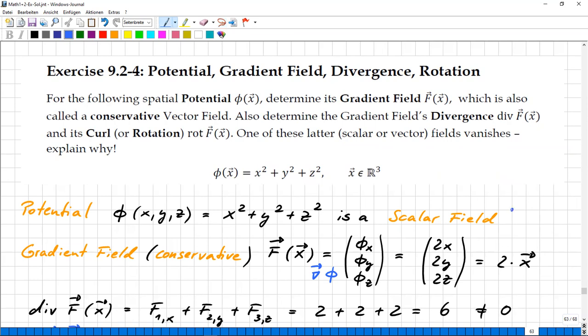If this were the origin and you point here, so this is your point in space, let's call it P, then the corresponding vector field F vector in this point would be twice this one, like pointing still away from the origin, but with double length. This would be the vector F at this point in space, just for your imagination now.